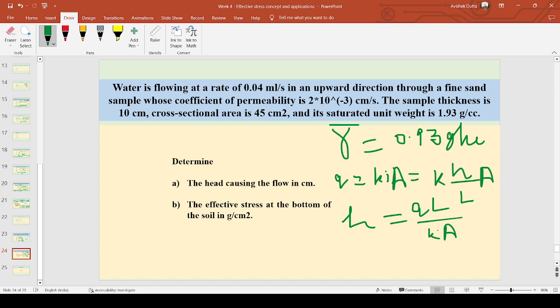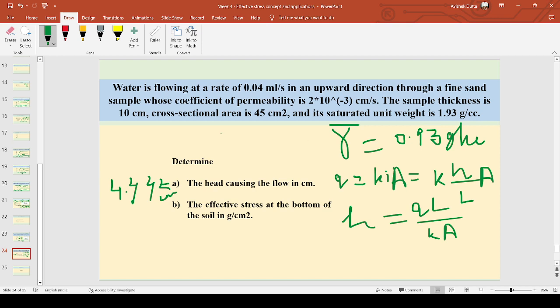Milliliter means cc. L is equal to 10 centimeter sample thickness, cross section area is 45 centimeter square, and K is 2 into 10 to the power minus 3 centimeter per second. You get a value of H equal to 4.44 centimeter.